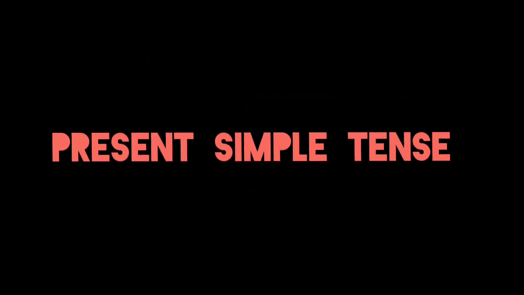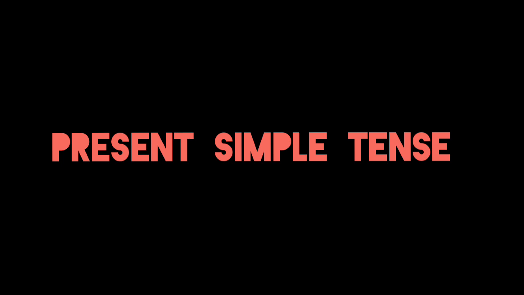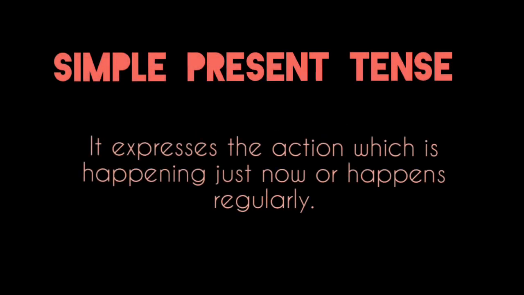So, remember these two simple shortcuts. I have seen students whose usage of grammar is very good. Even then, they are confused in the usage of simple present tense, where to use S or ES. Therefore, students, remember only these two shortcuts and you will never be confused. Therefore, we can say simple present tense expresses the action which is happening just now or when it happens regularly.